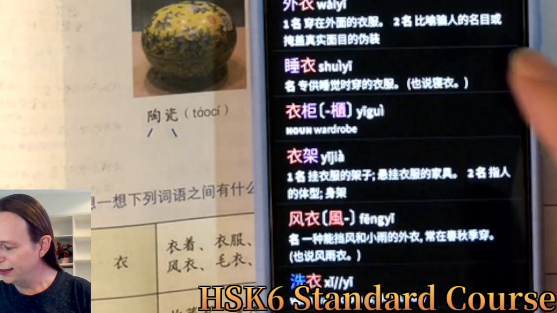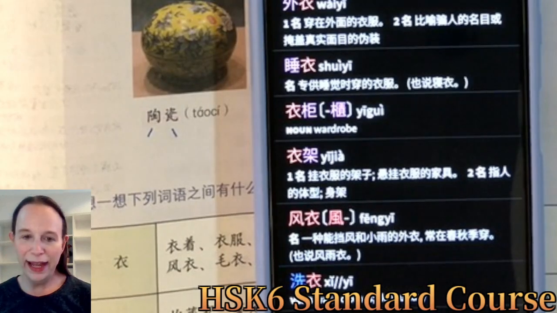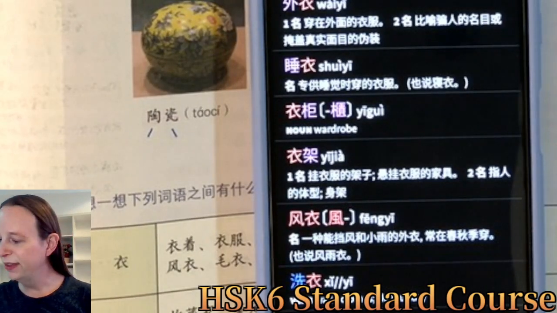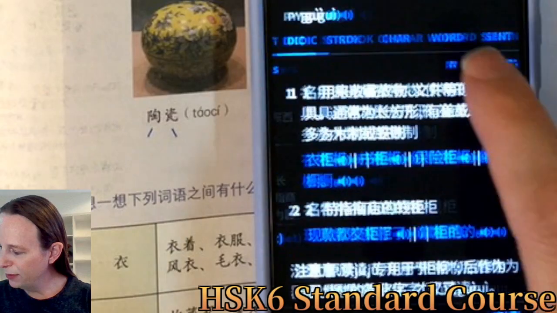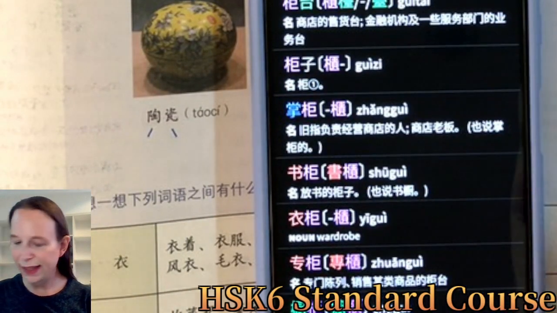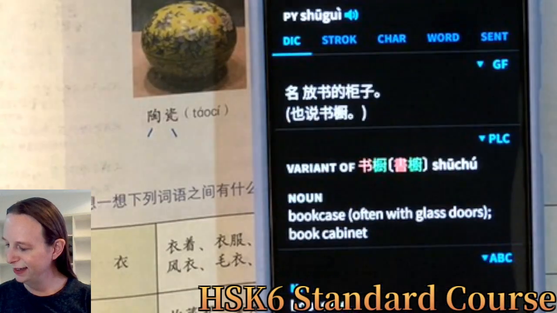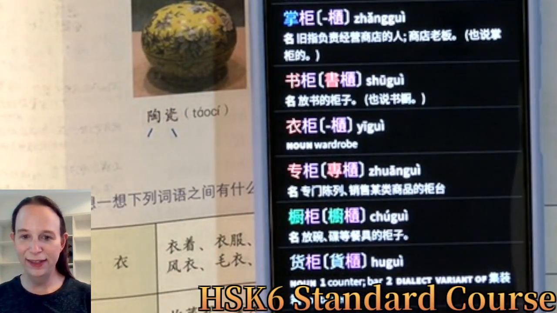Yeah, 睡衣, like your nightie or whatever you wear to sleep. 衣柜, yeah, 柜. There's a lot of different 柜, but 柜 is like a cabinet or something. What types of 柜 are there? 书柜, yeah, like a book cabinet, bookcase. 书柜, 衣柜. You stick your clothes inside.